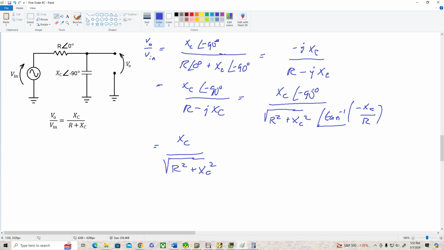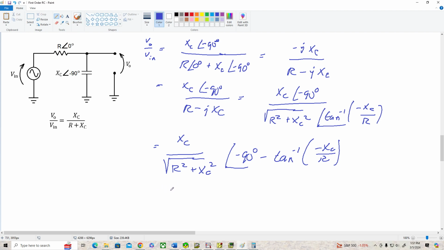And remember, when we do a division, for the phase angles we subtract the denominator from the numerator. So the overall phase angle here is going to be negative 90 degrees minus the arctangent of negative X sub C over R. Now that's pretty messy, so I'm going to clean up this angle a bit.